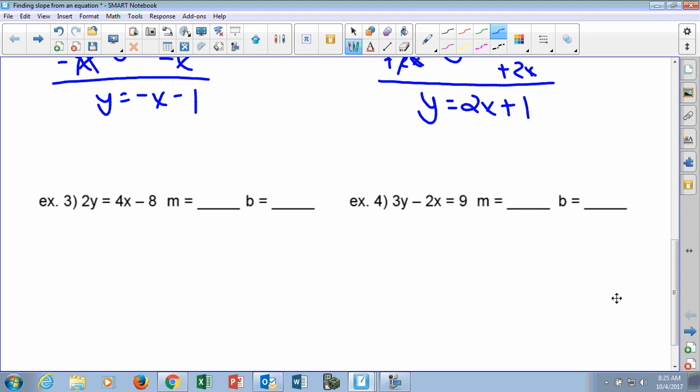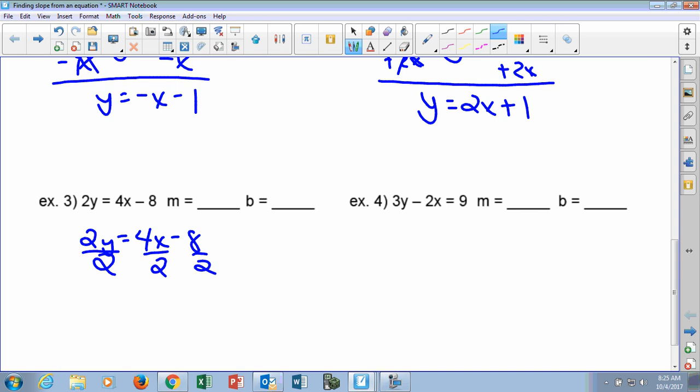Haley and Brittany. All right, so how'd you guys do number 3? Divided by what? 2. Yeah, because it's kind of already in y equals mx plus b, right? The y is by itself. It's just got a coefficient in front of it, right? So they divided by 2. Divided what by 2? Everything? Like that? Is that what you did?